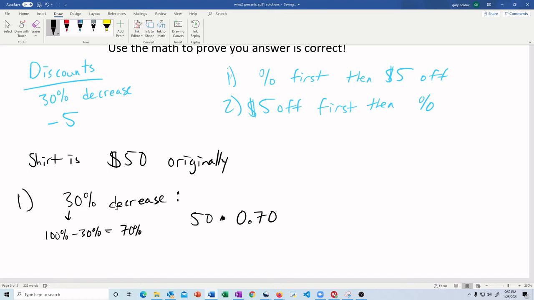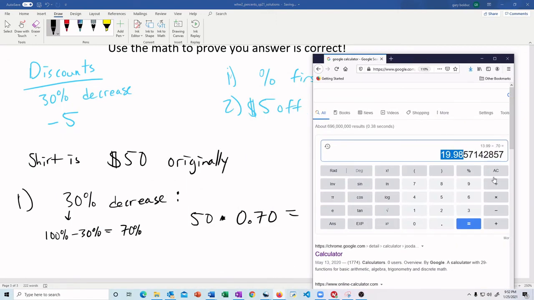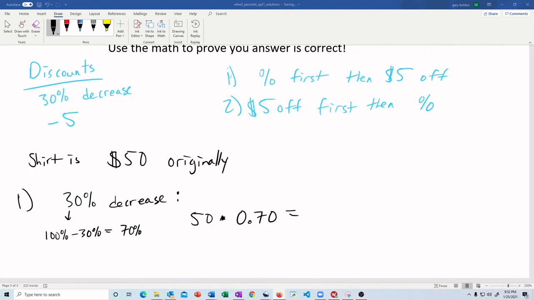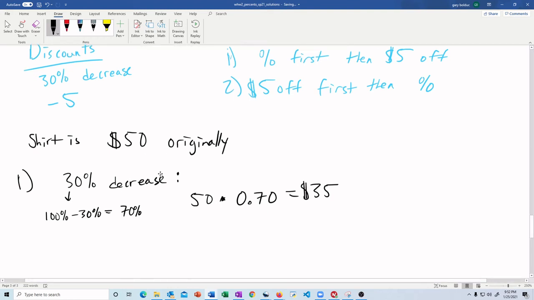Okay, let's see what we get there. 50 times 0.7 is $35. Okay, so after my 30% decrease, my shirt price is down to $35. That's nice.